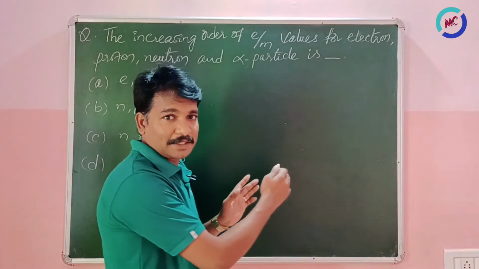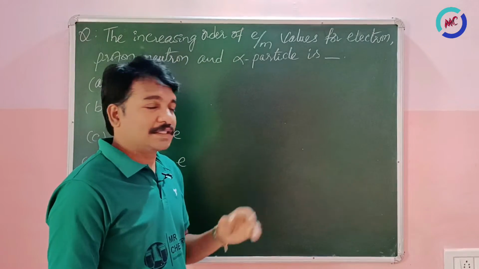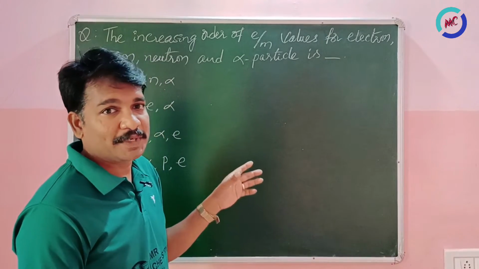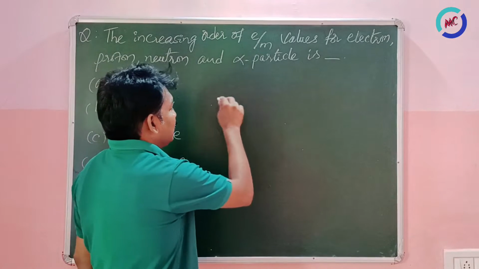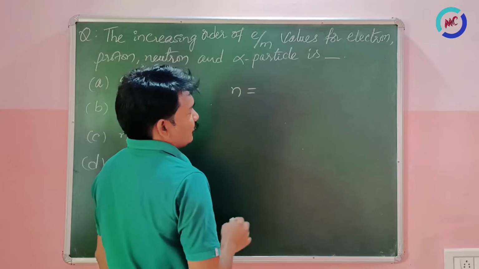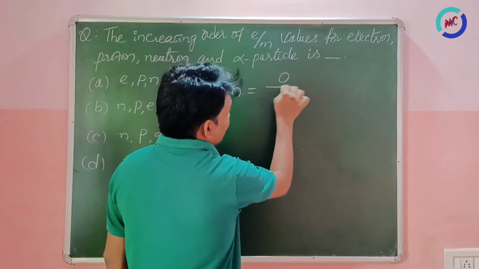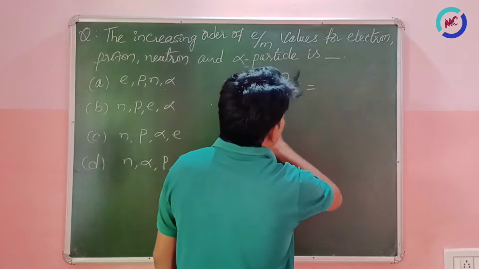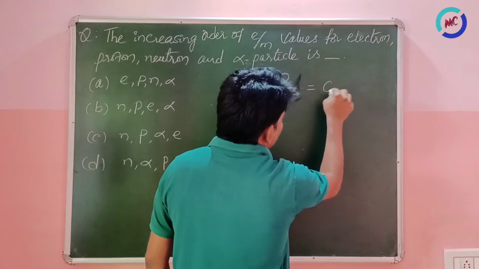Here I am not going to take that; I am taking it as the unified mass, 1. E by M for neutron: the charge is 0 and the mass is 1, that is 0 by 1, which is 0.